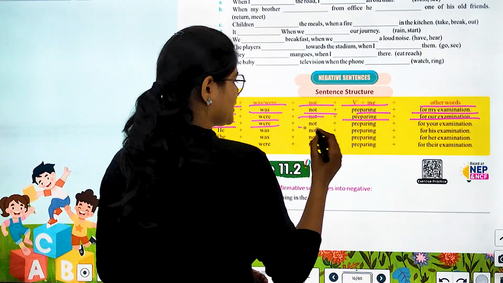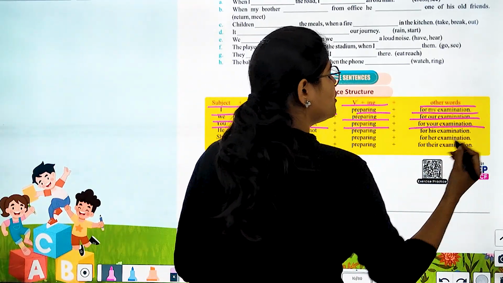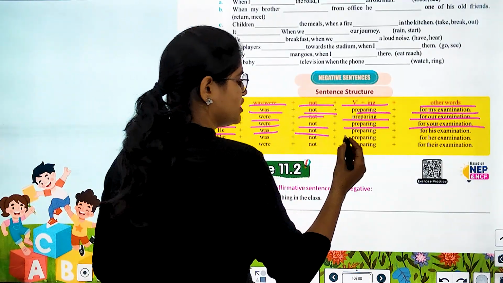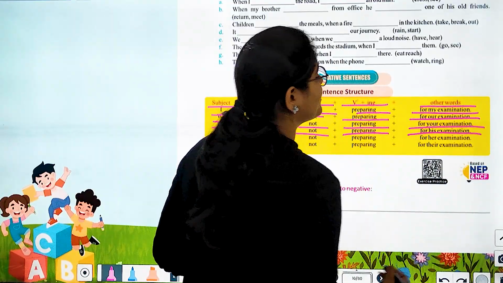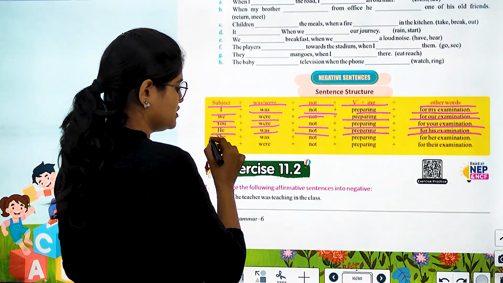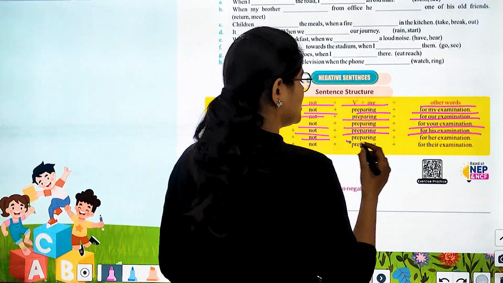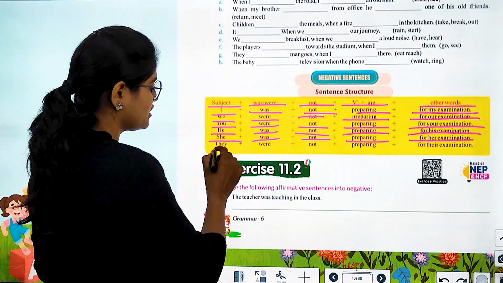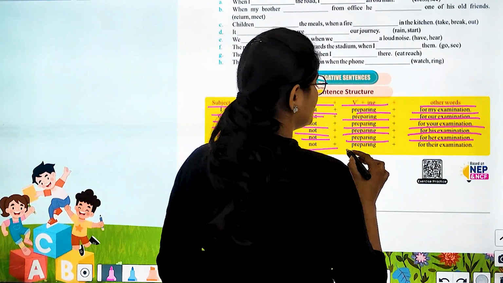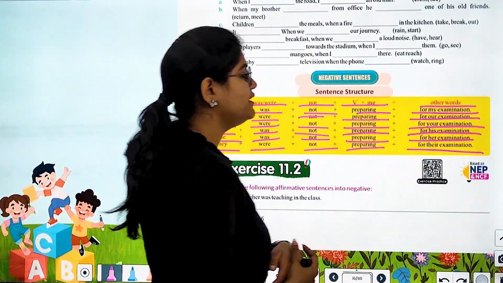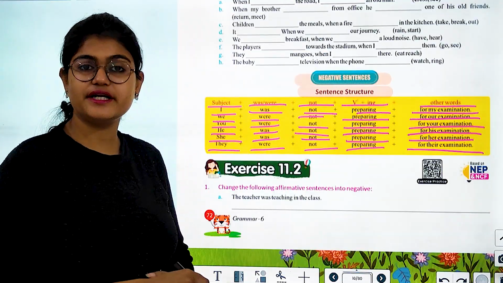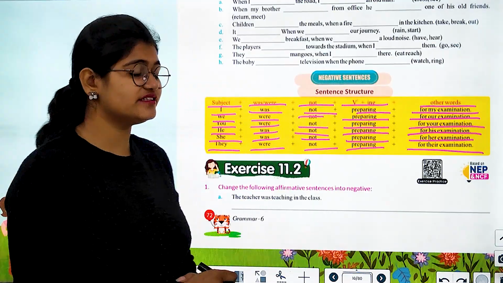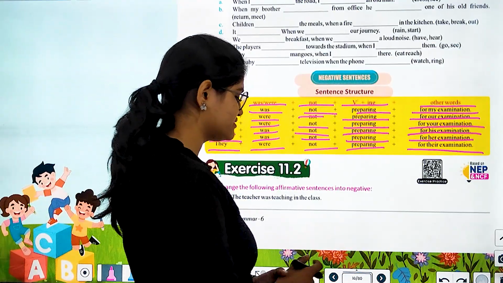You were not preparing for your examination. He was not preparing for his examination. She was not preparing for her examination. They were not preparing for their examination. Right? So these were the structures of the negative sentences in the past continuous tense.